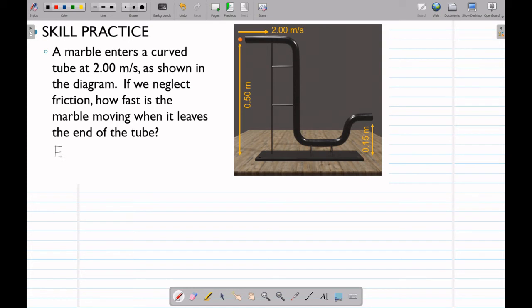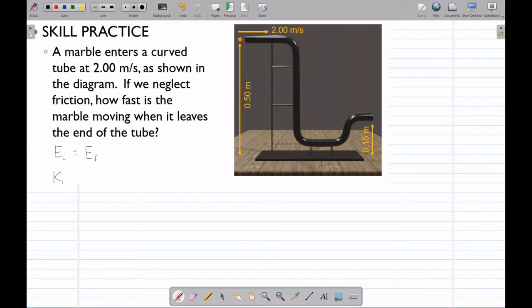We'll say that E stands for mechanical energy, and E_I is equal to E_F. So the amount of mechanical energy going in is equal to the mechanical energy coming out. Now remember, mechanical energy is equal to the sum of kinetic and potential energy.